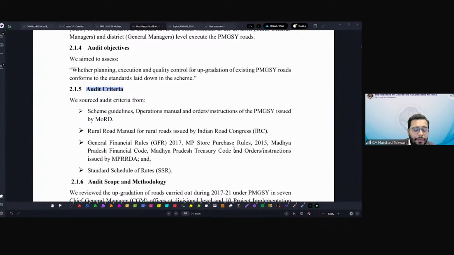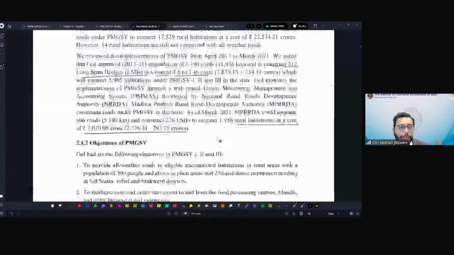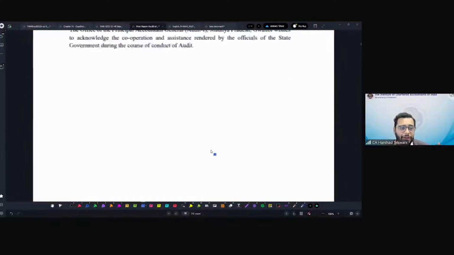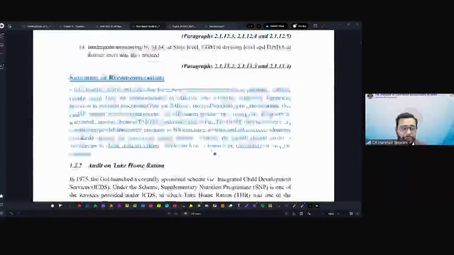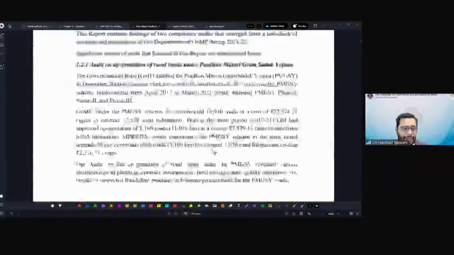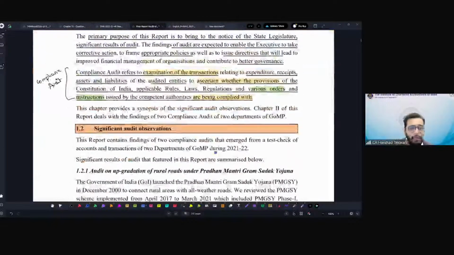Audit criteria is nothing but, remember we were talking about compliance with the laws and regulations and other things in a compliance audit. If I go back, the various orders, instructions, Constitution of India, applicable laws, rules and regulations, we were talking about this.